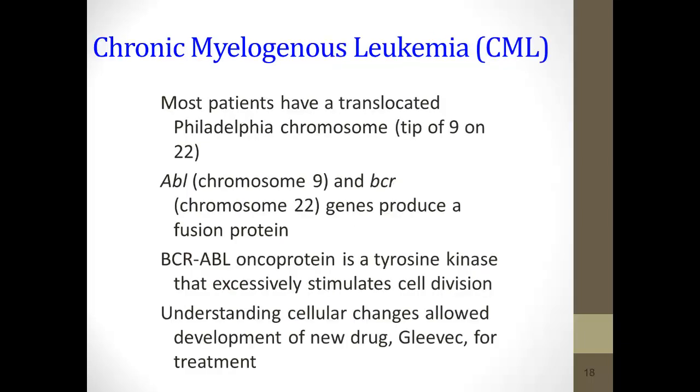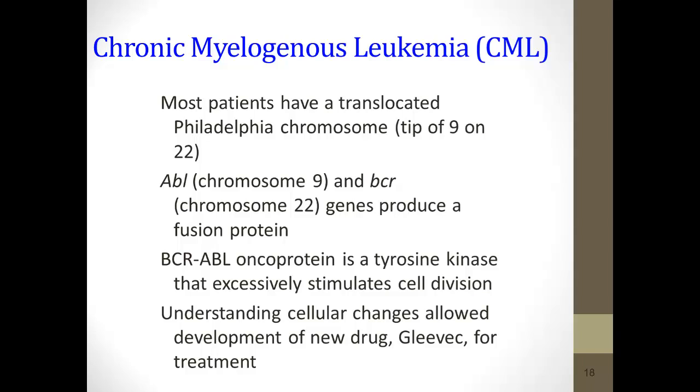There is CML. Most of these patients' abnormality occurs at a translocation of what we call the Philadelphia chromosome, which is the tip of 9 on 22. When you have this abnormality, you produce a fusion protein.